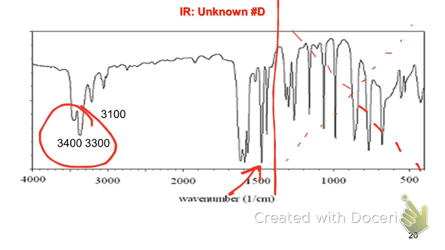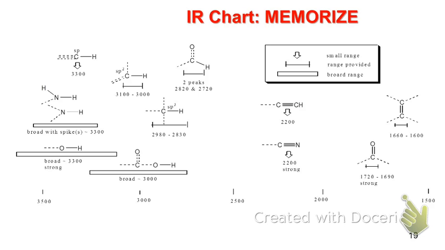So we'd go back to our library and say what things show up in that range. Okay, we could have the OH, but that's really broad and really strong, okay, which isn't going to help us out. And then we get NH, broad with spikes. So it's not just a single peak, but potentially multiple peaks. And we could also have the C-H sp, which we're saying shows up very, very sharp at 3300.